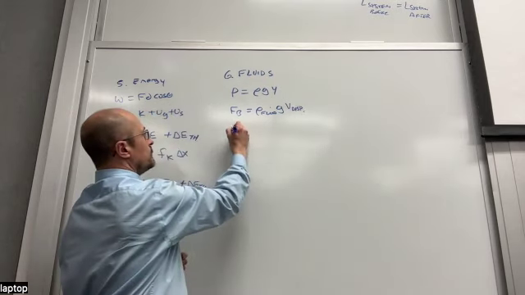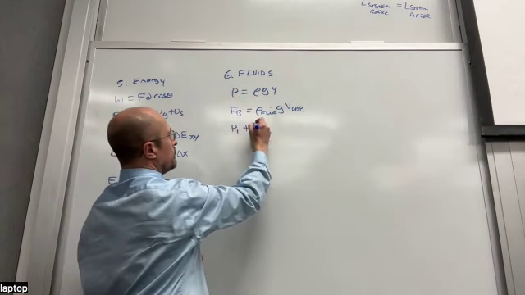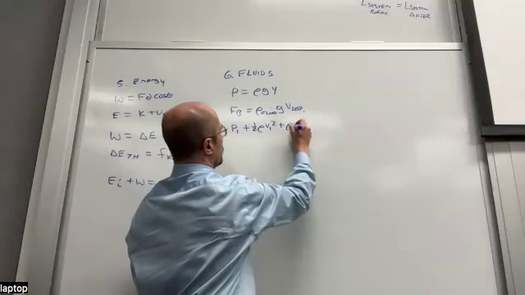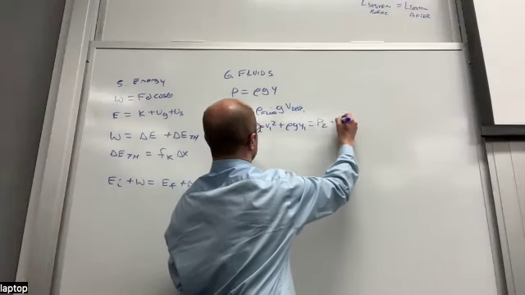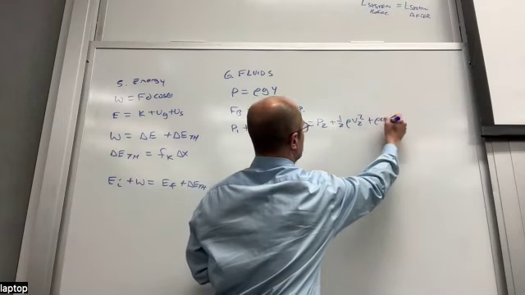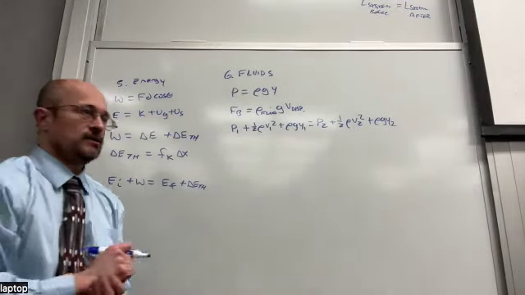And then we had Bernoulli's equation: P1 plus 1/2 rho V1 squared plus rho g y1 equals P2 plus 1/2 rho V2 squared plus rho g y2. And that was Bernoulli's equation.